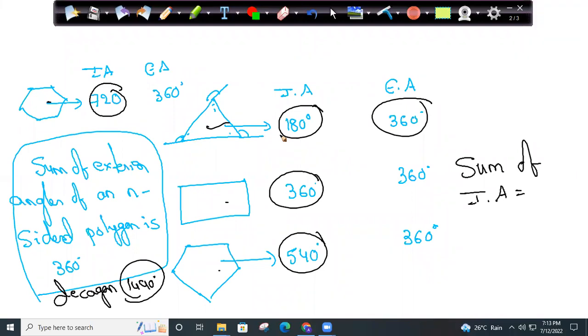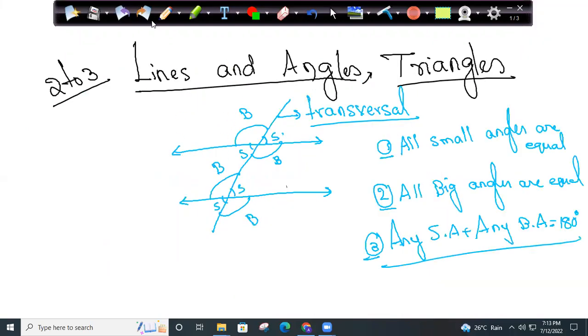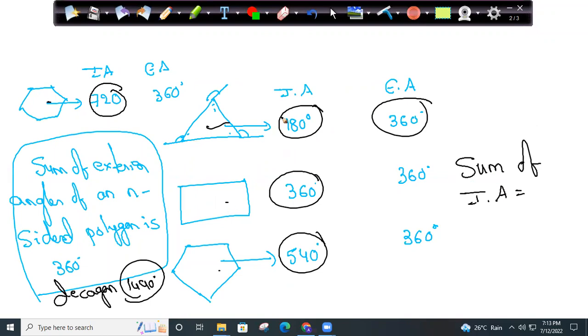You should know what is a parallel line and what is a transversal. You should know the sum of interior angles of any polygon, and you should know what is a heptagon. Heptagon means 7-sided figure. Octagon, 8-sided figure. Nonagon, 9-sided figure. Decagon, 10-sided figure. You should know the names. Most of you know: tri, 3, triangle. Quad, 4, quadrilateral. Pent, 5, pentagon. Hex, 6, hexagon.